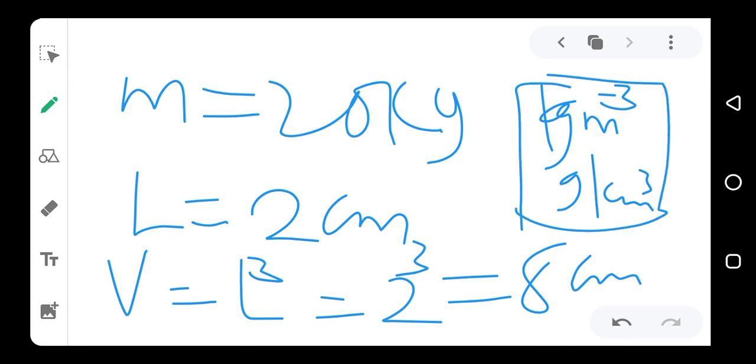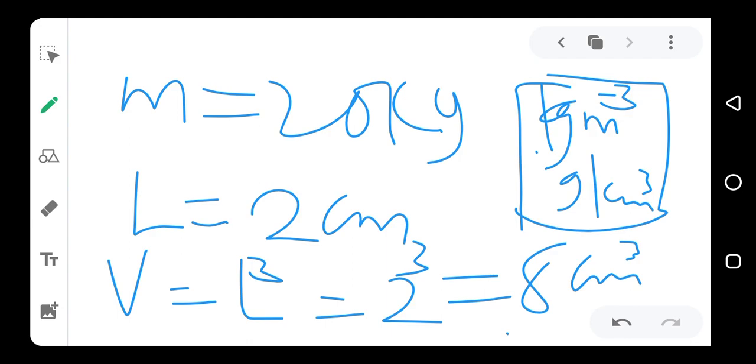So here we have kg, so we must have meters to balance the units. So we are going to convert this cm cube to meter cube. To convert cm to meter, we divide by 1000.